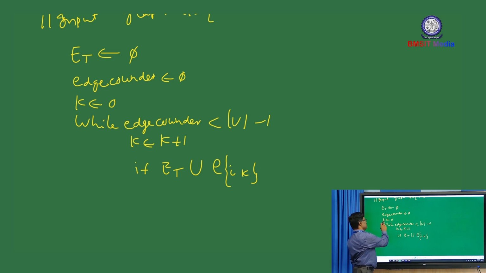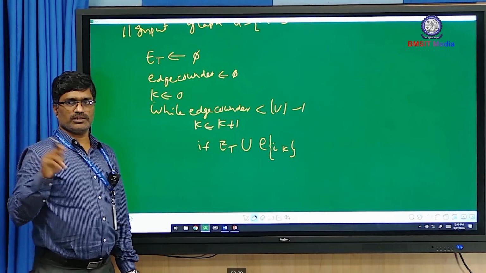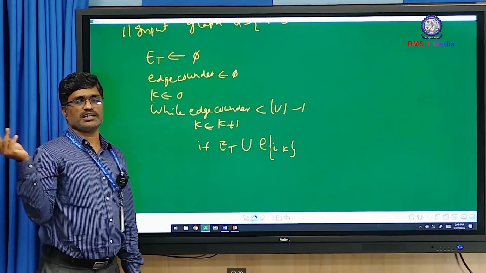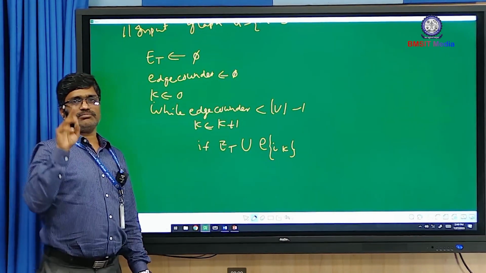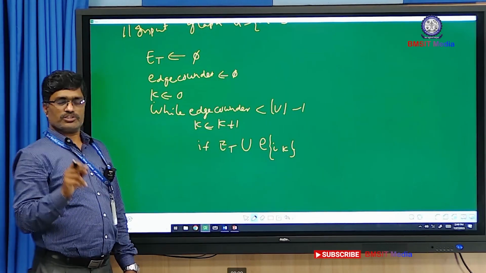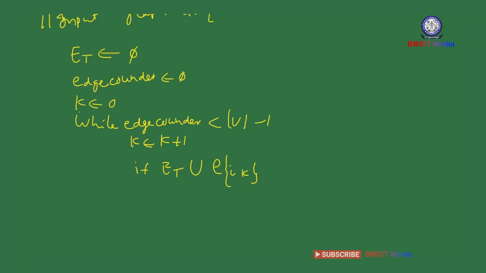Initially, you have taken k is equal to k plus 1. So I comma k is nothing but 1 to 1, 1 to 2, 1 to 3, 1 to 4, 1 to 5, rows and columns. So the entire diagram will be taken, which is the minimum, and it should be acyclic.